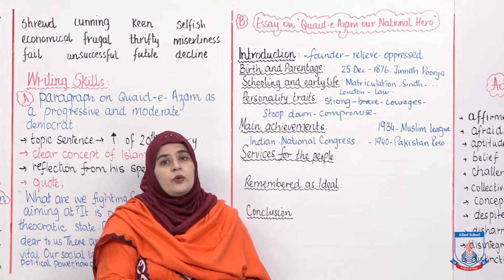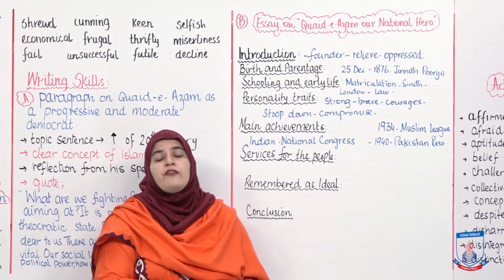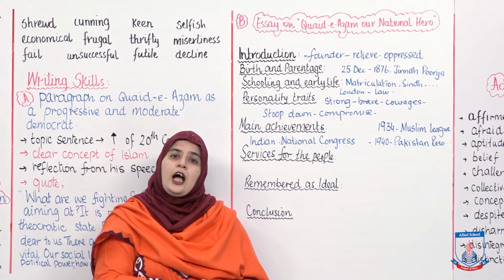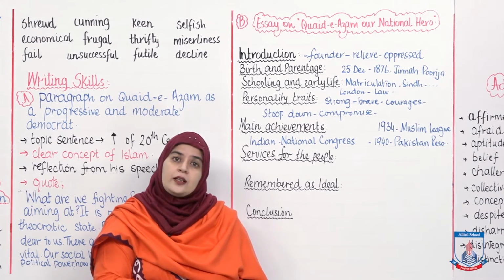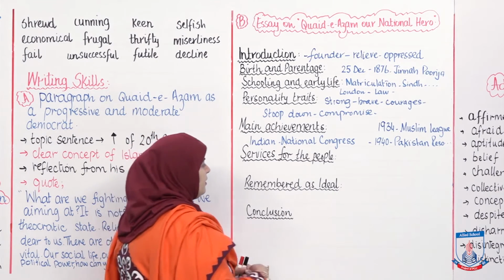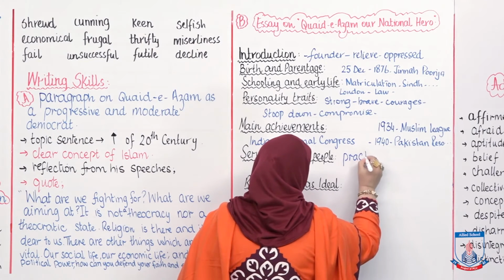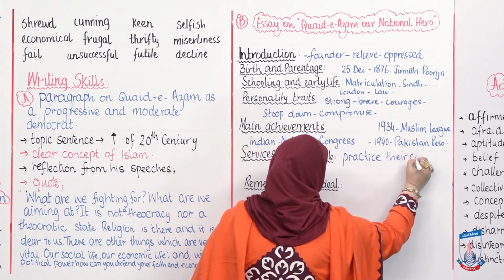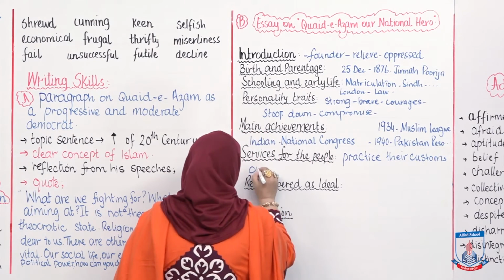He not only relieved them from the British supremacy, from being oppressed through the hands of the Britishers and the Hindus, but he provided them with a homeland which they can call their own, for which they can practice their own customs and religion.